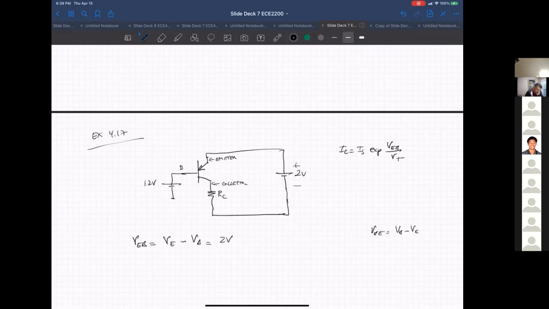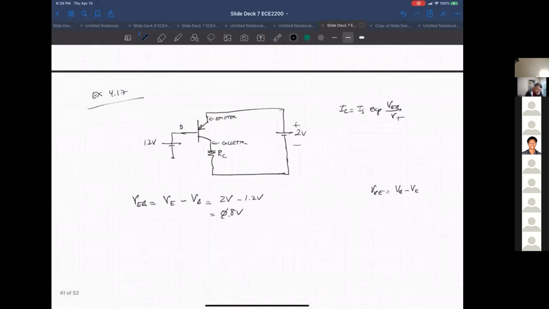So it's 2 volts minus 1.2 volts, which is 0.8 volts. The base is 0.8 volts below the emitter, and because it's a PNP, it turns on and forward biases this junction.